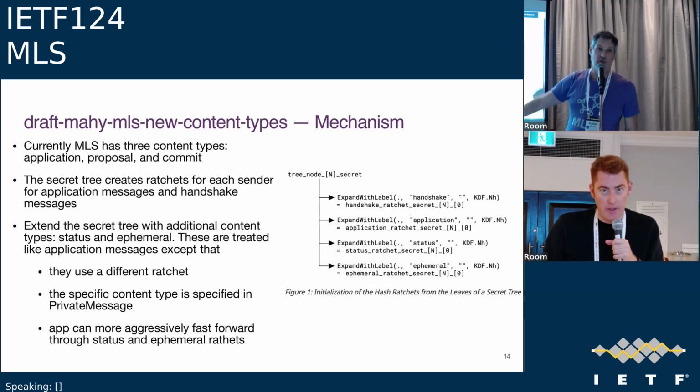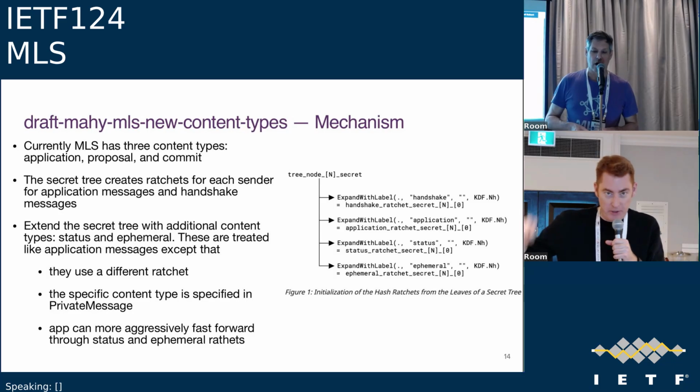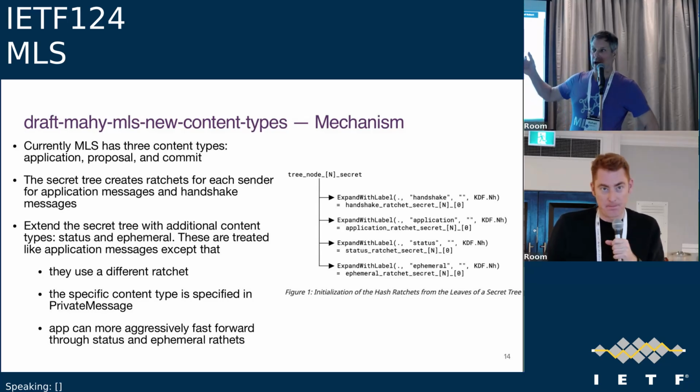I understand, but I'm asking why you want to do it there. Is it so you can reuse the secret tree, or so we have the exporter otherwise? We have the exporter already. You don't need to do a modification deep inside of MLS if you just want to export key material. But we're talking about something at a parallel level to the application ratchet, because you want the per sender ratchet. Exactly. Okay, that was my question.